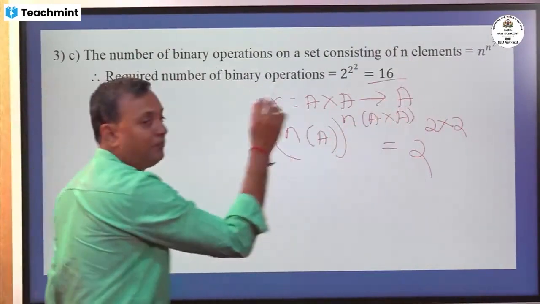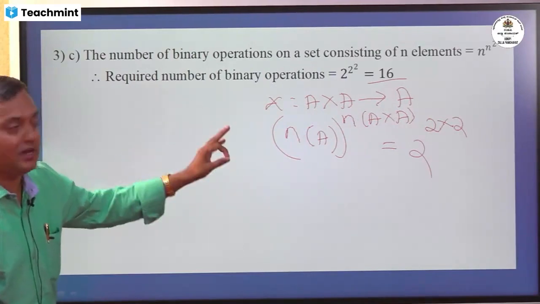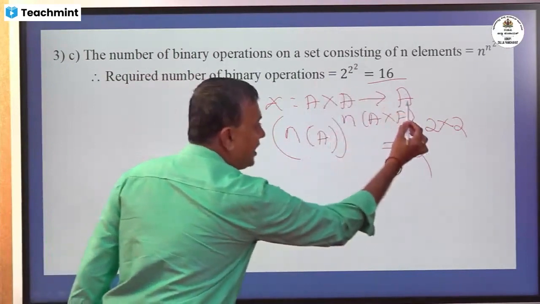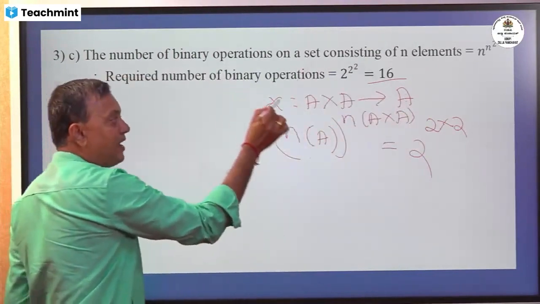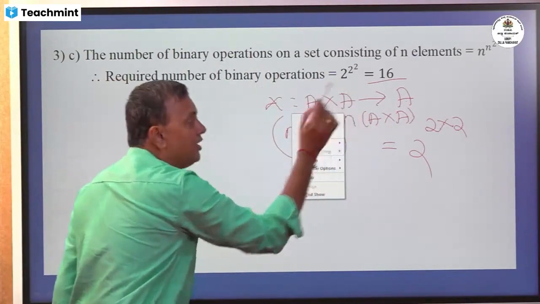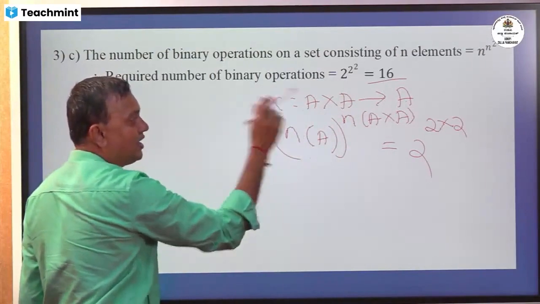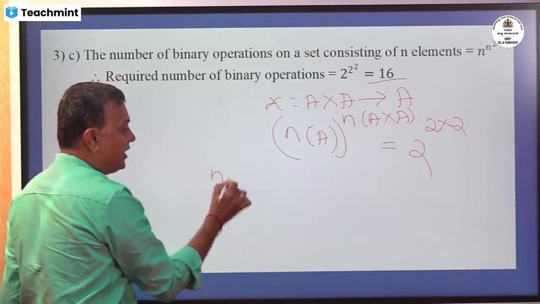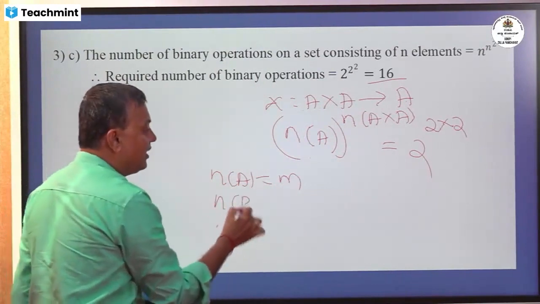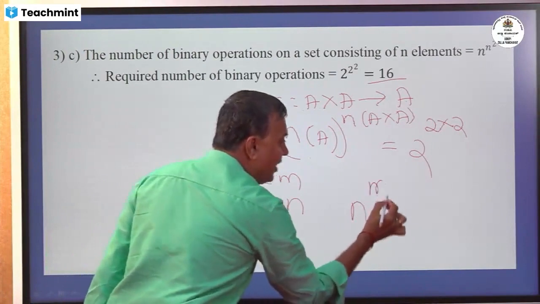Number of binary operations on a set containing 2 elements: a binary operation is a function from A cross A to A. So how many binary operations are possible means how many functions are possible here. As I said earlier, set A with m elements, set B having n elements, the number of functions is n to the power m.